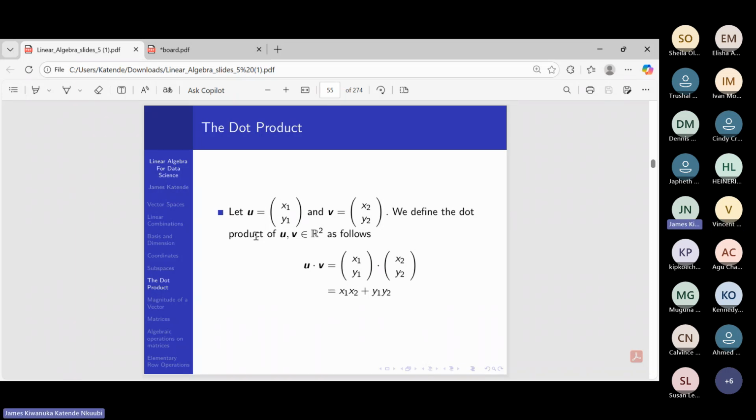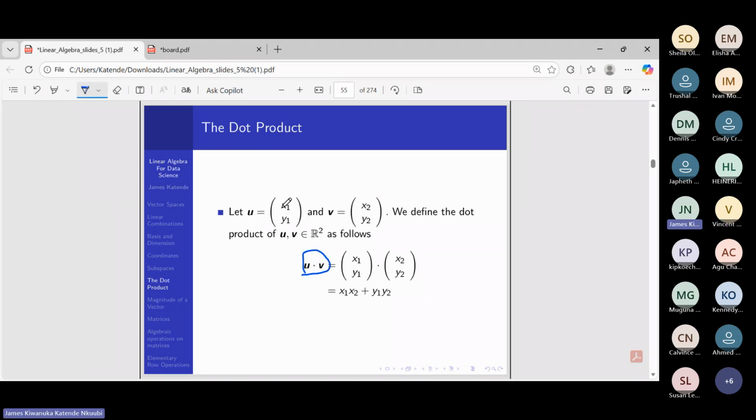The other important concept that we need is a dot product. Let's start with R2. If you're working in R2, then you can get a dot product of two vectors as follows. If you have two vectors, u and v, their dot product is represented by this dot. You have the first vector x1, y1 and x2, y2.